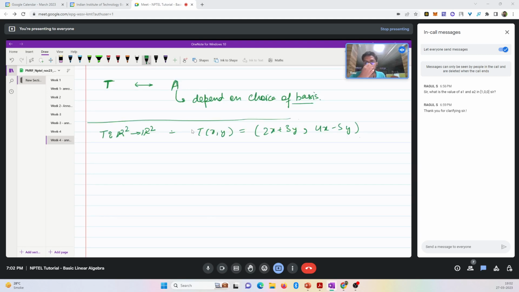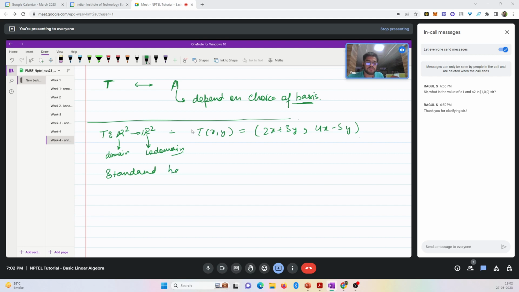So I said you need to choose a basis, right? Now how many bases you need to choose? One basis for your domain and one basis for your codomain. Now here we have the same vector space on both sides, so we can choose the standard basis. Let's first solve with the standard basis.